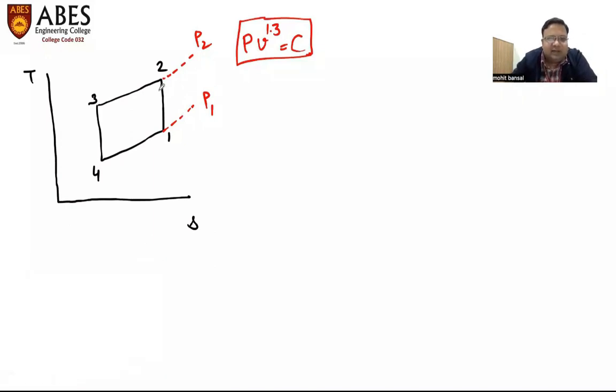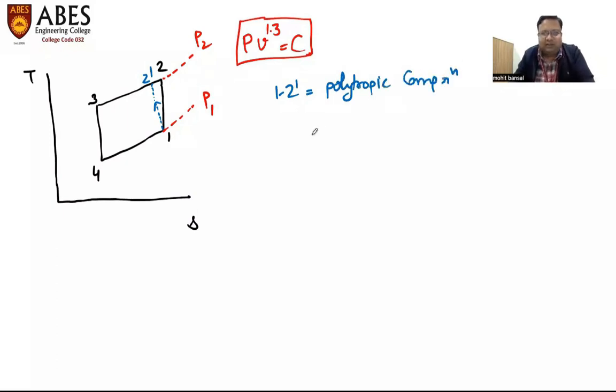The compression will follow this curve, which is the process 1 to 2 dash. 1 to 2 dash is basically polytropic compression with cooling.